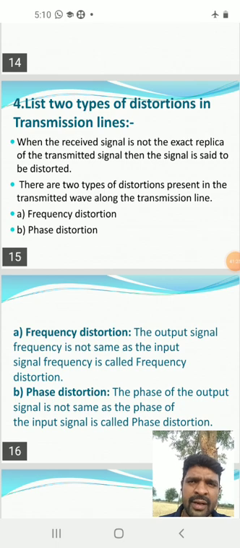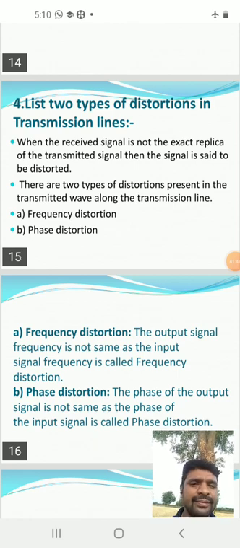That means when any signal is given to the circuit, the output signal is not the same as the input signal. This is called distortion. There are two types of distortion in transmission lines: frequency distortion and phase distortion.